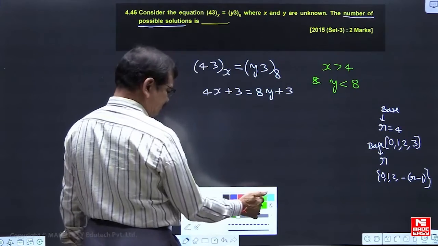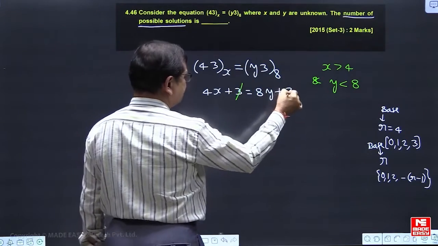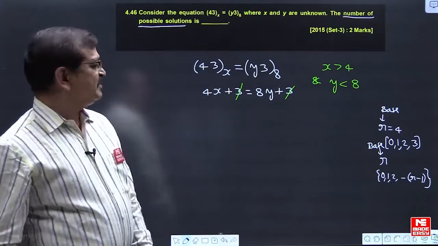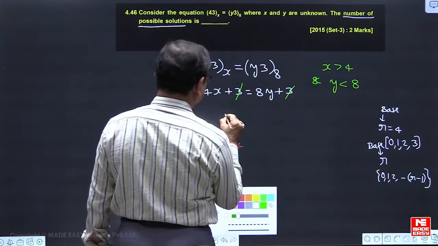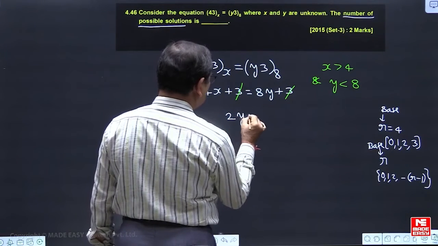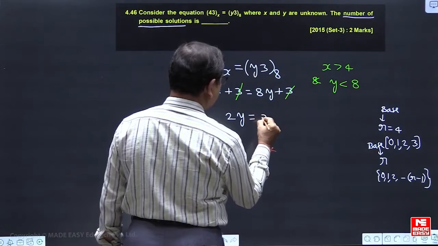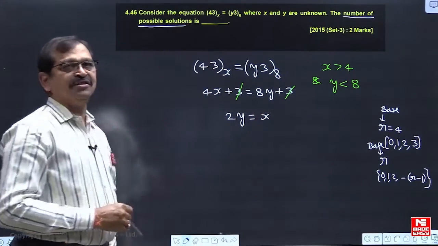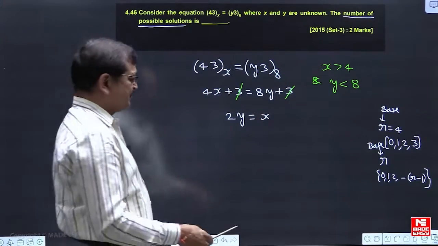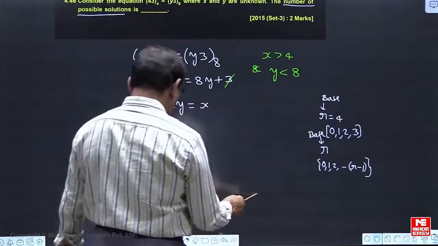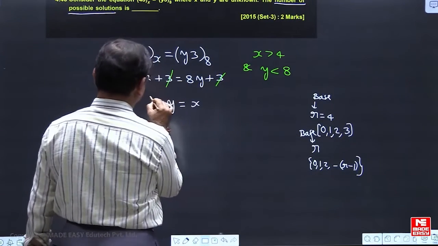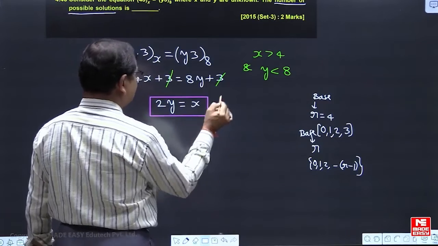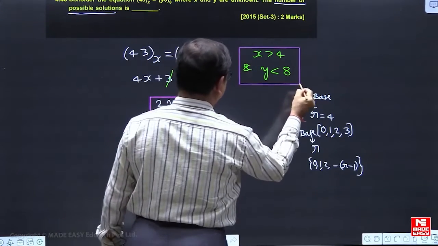This 3 you can cancel, and from this we get 2y is equal to x. 2y is equal to x. How many possible values will we have is the question for us. So this is one thing, and the other thing is we have these conclusions.